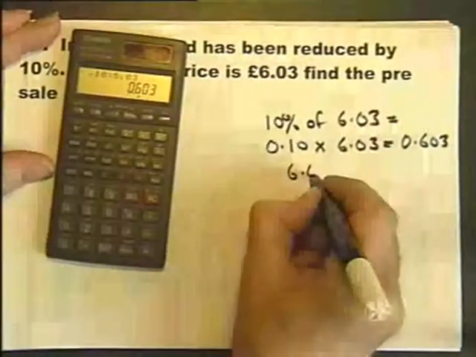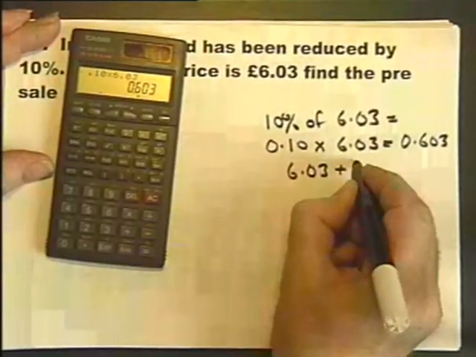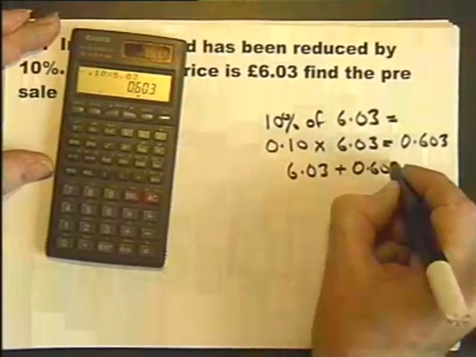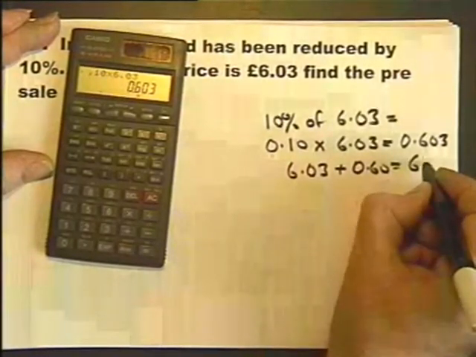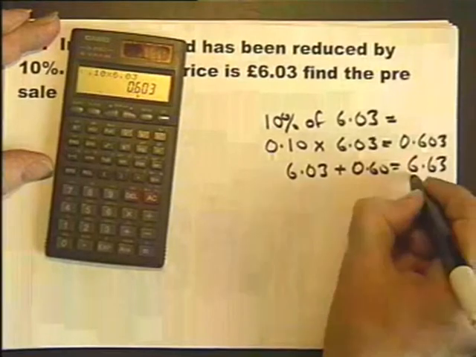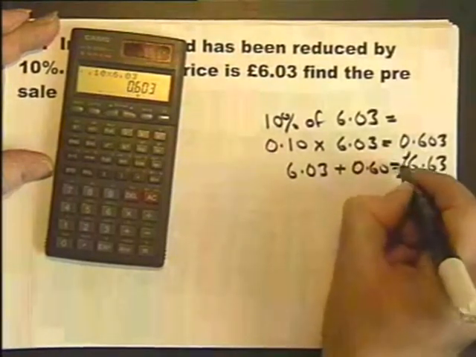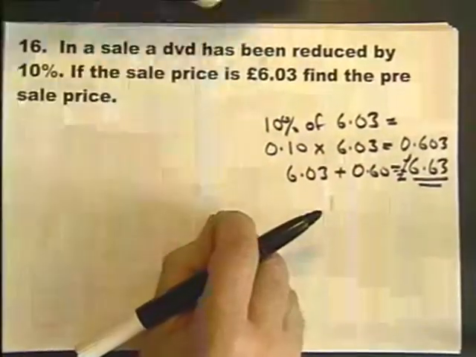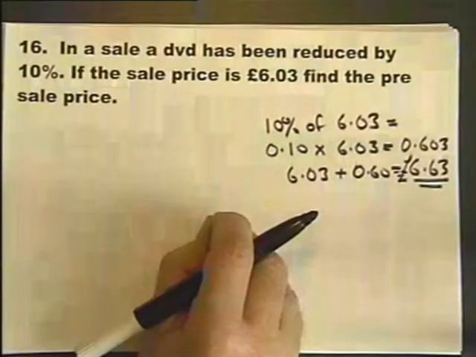So we take the £6.03 and add on this 60 pence, and that will be the answer. And believe you me, it's wrong. That will not work. You've got to approach this in a completely different way.